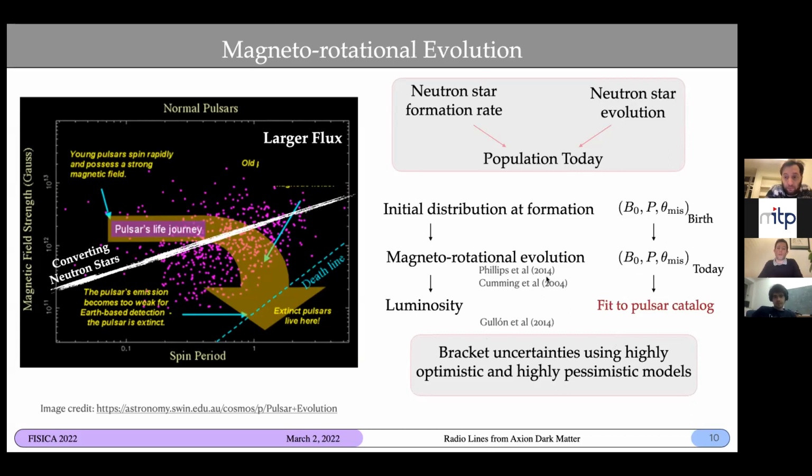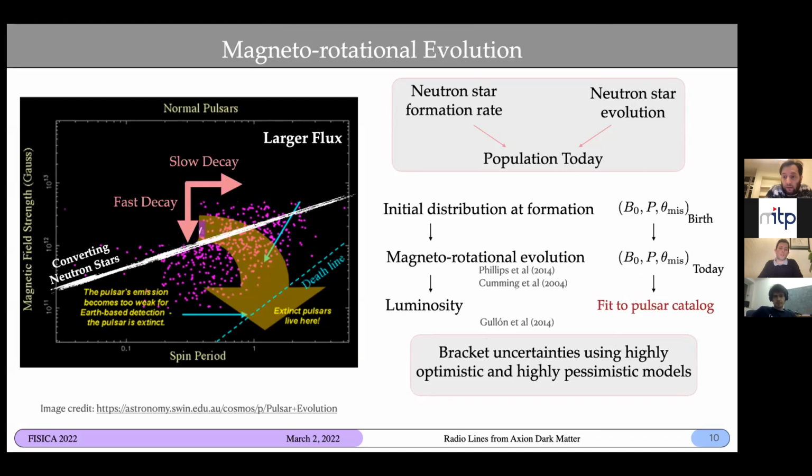And as a result, we try to develop two different populations, one based on a fast decay model, in which we assume the magnetic fields of neutron stars undergo exponential decay on, say, mega-year timescales, and one which is a slow decay model, which adopts a much more giga-year to 10 giga-year timescale for the magnetic field decay. These are two extreme examples, which are intended to bracket these uncertainties, but give us a relatively good handle on how impactful this magneto-rotational evolution model is on our net results.